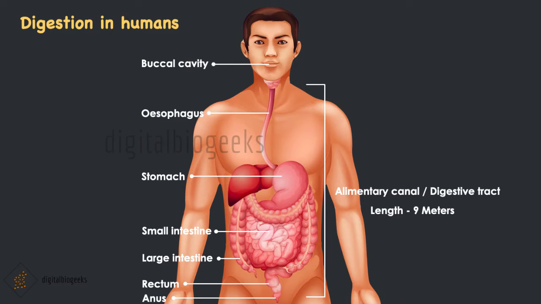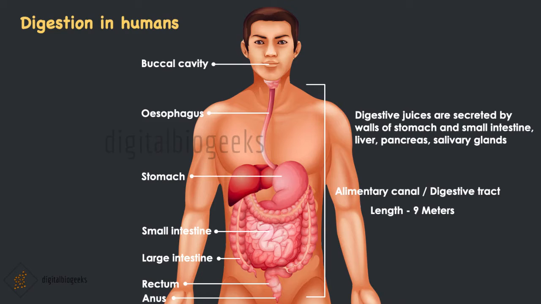There are many organs and glands in our body which secrete digestive juices. They are the walls of stomach and small intestine, liver, pancreas and salivary glands. These digestive juices help to convert complex food substances into simple substances.